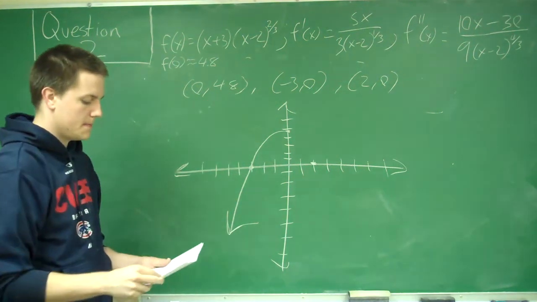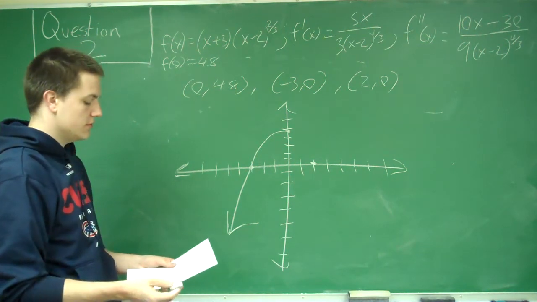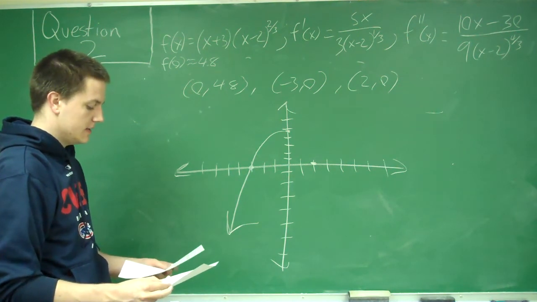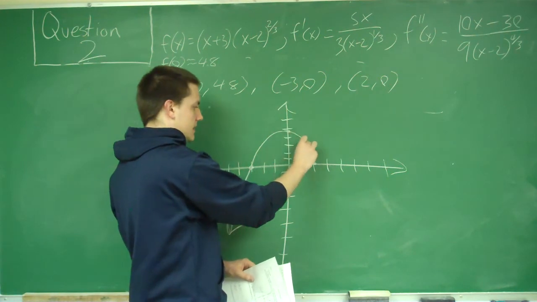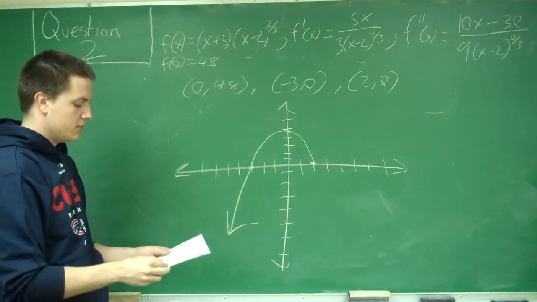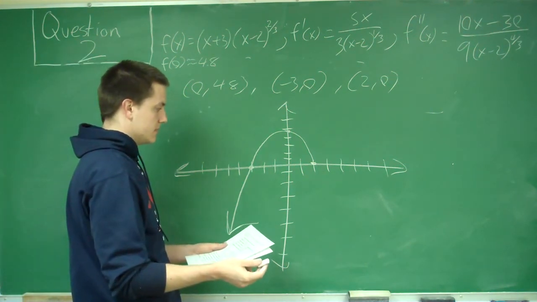So it must do something like that. Alright, and then from 0 to 2, it's decreasing, and its concavity is negative as well, so it's still going to keep that negative concavity and decrease down to that point. Okay, and then we know at that point it's increasing after that.